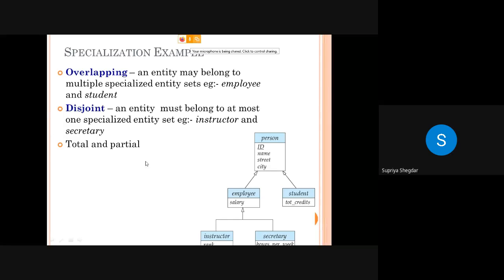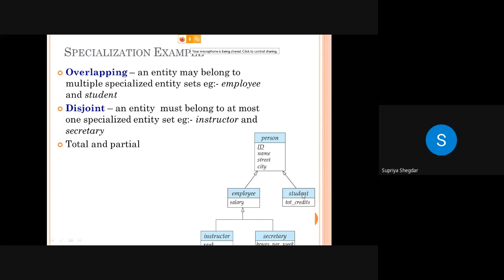So in the specialization, we are using overlapping and disjoint. Okay, so the overlapping is nothing but an entity may belong to multiple specialized entity sets, that is called as the overlapping. Here, the example of overlapping is employee and the student. And the disjoint is nothing but the entity must belong to at most one specialized entity set.